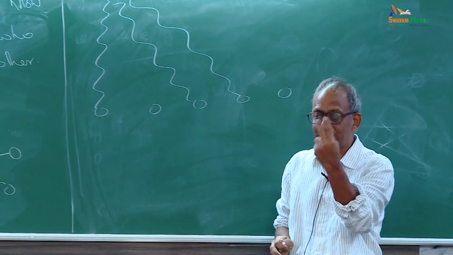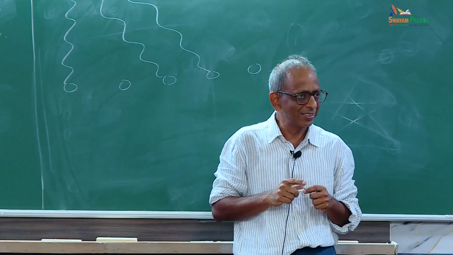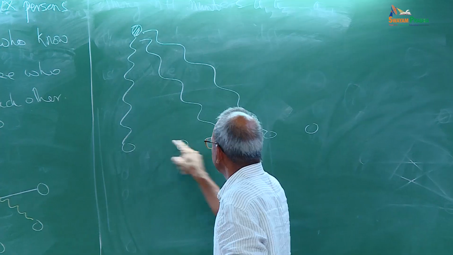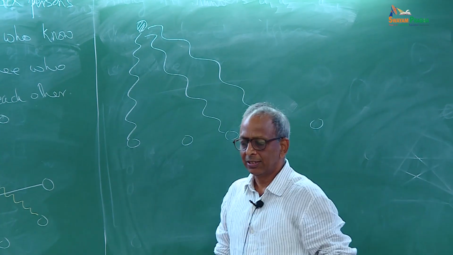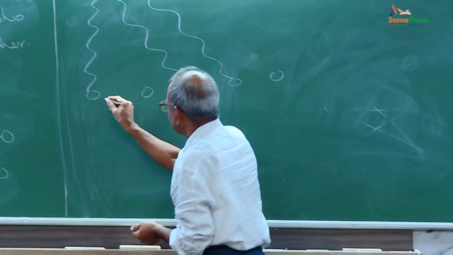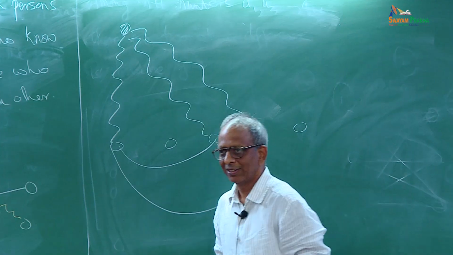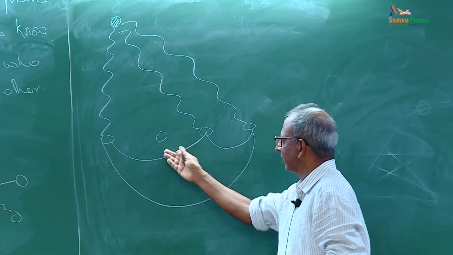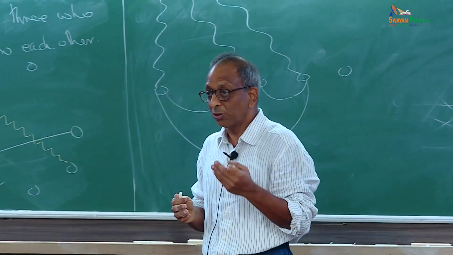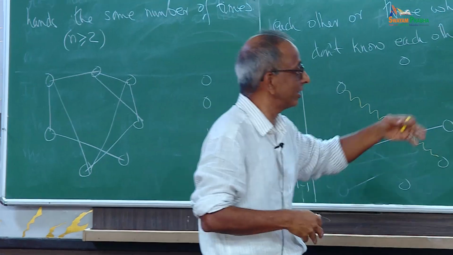If even one of the pairs is connected by a wavy edge, we are done. Why? This and this would form a triangle. And if all of them were solid, that means this was solid, and this was solid. That's a triangle.